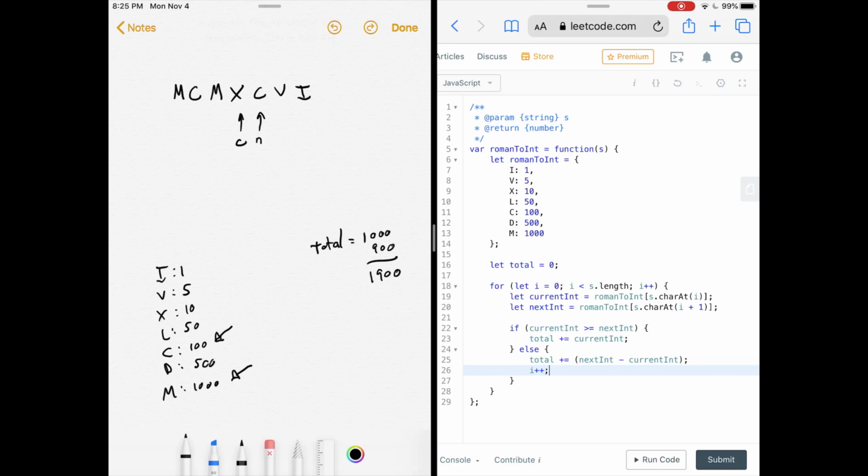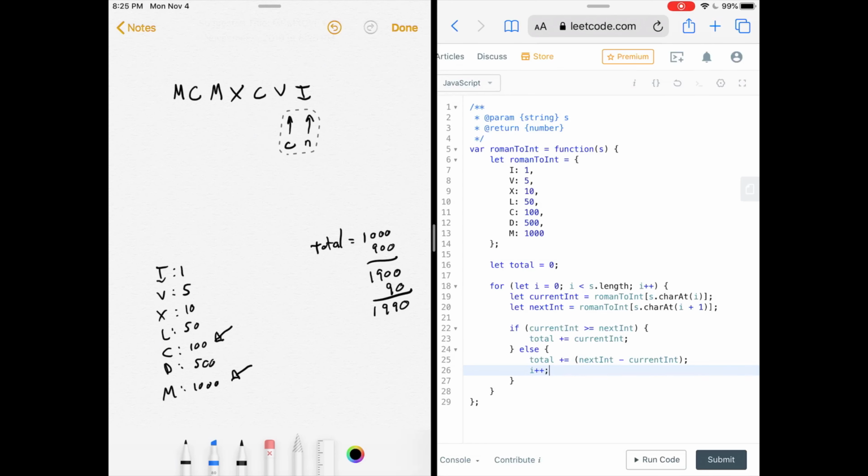So now again, it'll add the difference between these two to our total. The difference between 100 and 10 is 90, so our total would now be 1,990. And again, it will increment our current and next by 1, and then the next for loop would start.